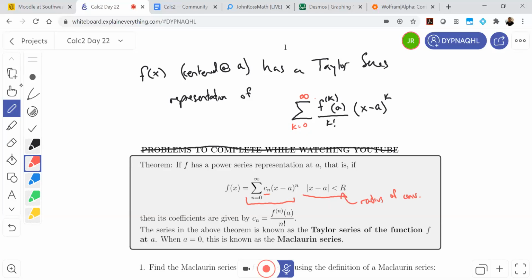In other words, those c sub n's right there are given exactly by this formula here.